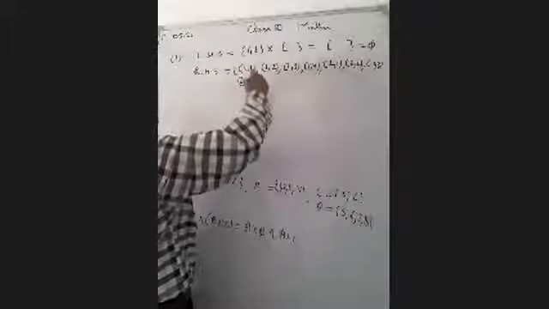This is the elements which we found for the value of A cross B. Intersection with A cross C. A cross C, this one, 1, 5, 1, 6, 2, 5, 2, 6. This is the value of set A cross B, first one. This is the value of A cross C.